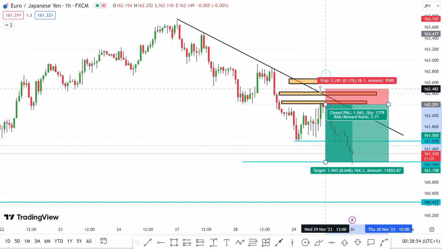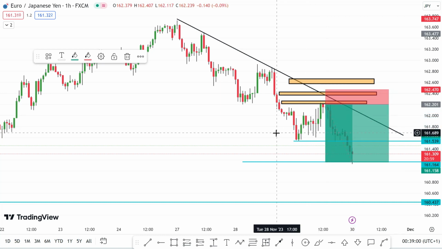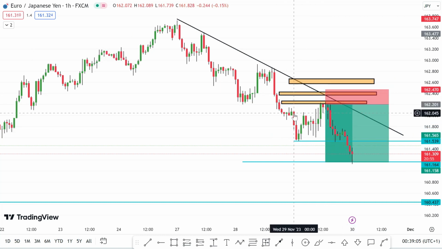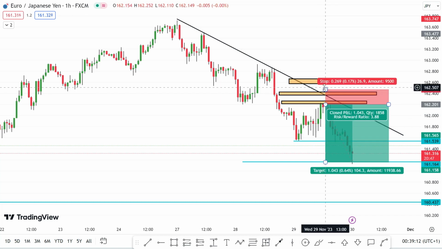So my stop loss was above the 0.618%. In case price tends to come back to this trend line, I was taking note of that as well and trading conservatively, and my stop loss was above the 0.618%, just to be safe.